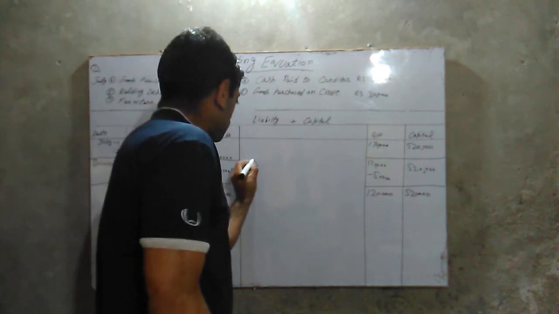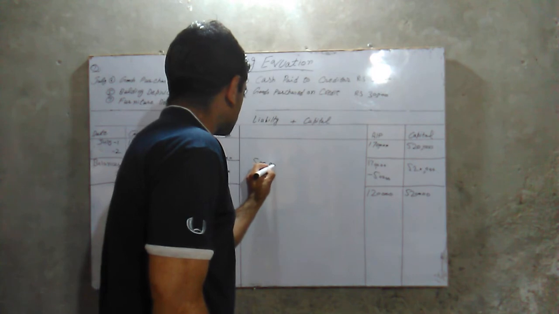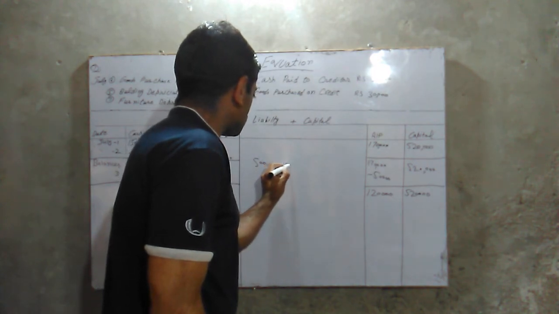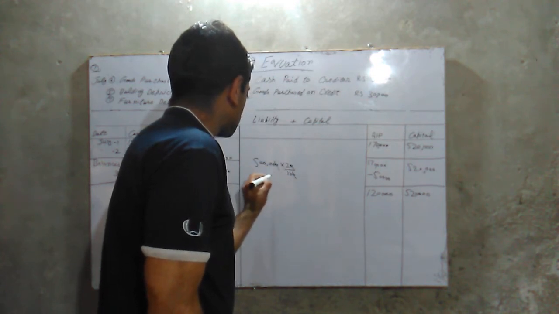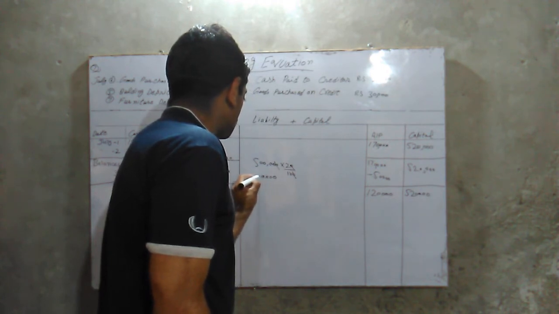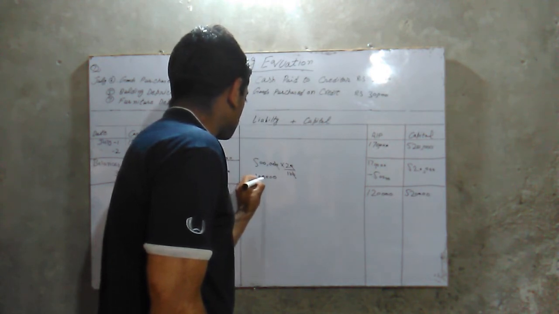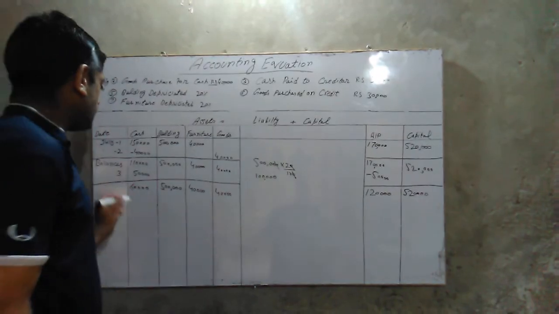So it's 20% of 5 lakh: cross multiply 2, 1 lakh. So the depreciation is 1 lakh.